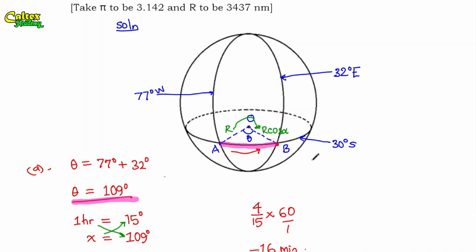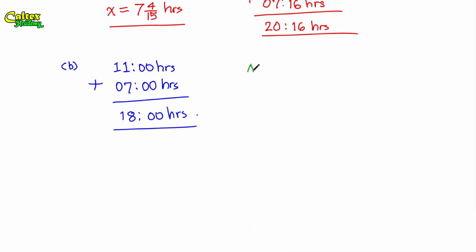Now what we have to do is to quote our formula. So the arc AB, as the distance, is given by the angle difference of the longitude over 180. Feel free to use 360 degrees, and multiply this by pi, capital R, times cosine of alpha. Alpha is the angle at which the latitude is found, and that was 30 degrees.